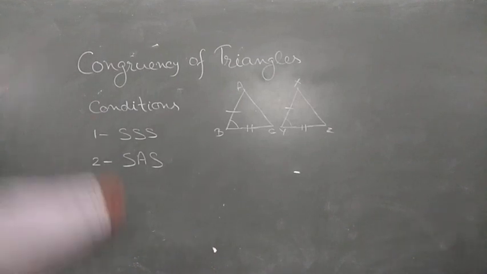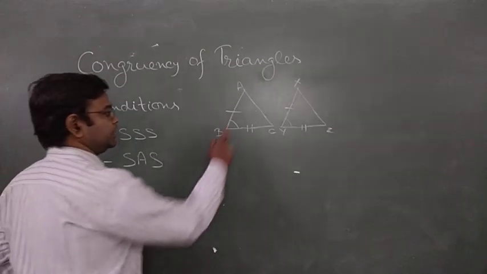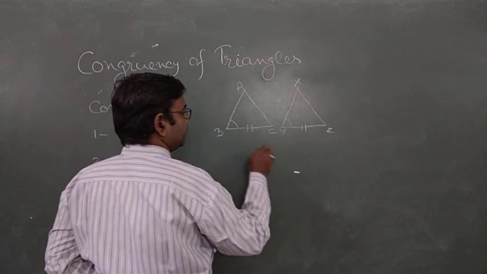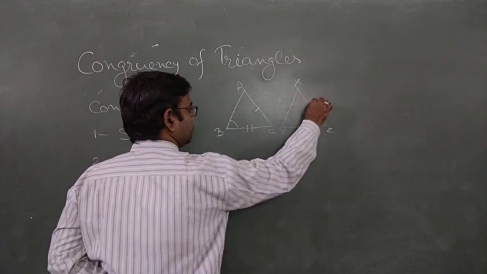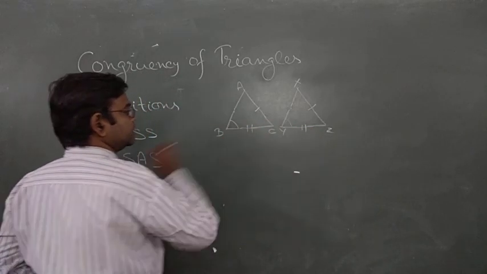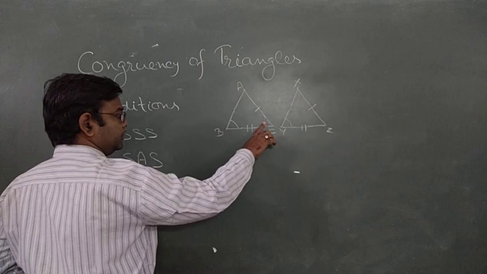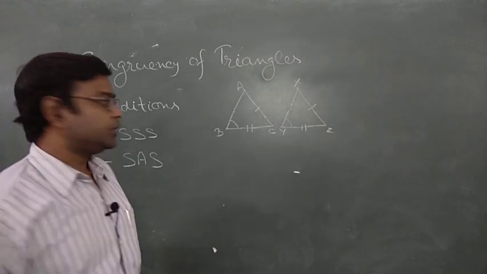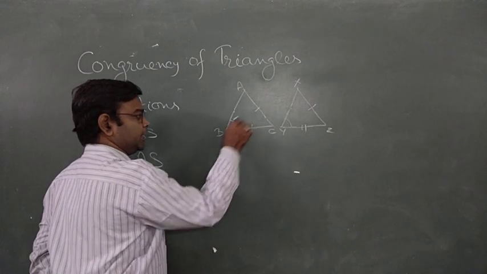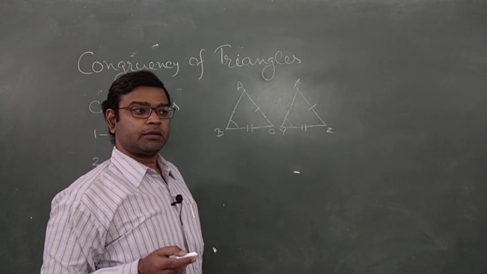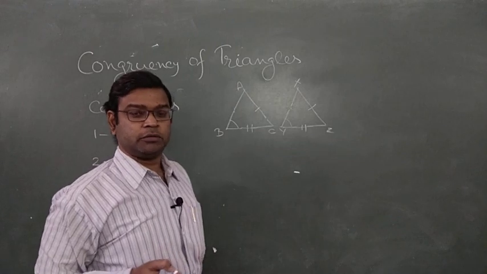In this SAS property, some cases may arise where these two sides are equal and the equal angle is on the other side, not the included angle between these two equal sides. Then some of you write, no, it's a side and angle, these three are equal, so we can consider it a congruent triangle, but that is wrong.